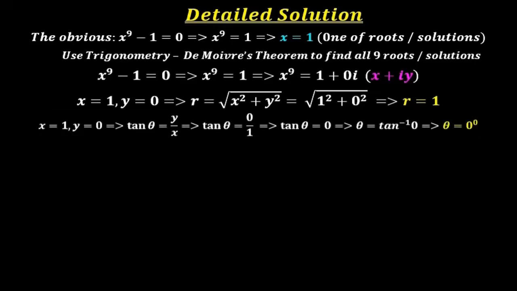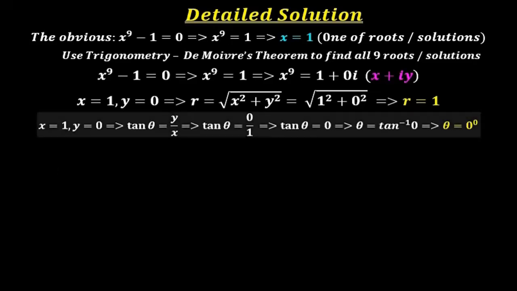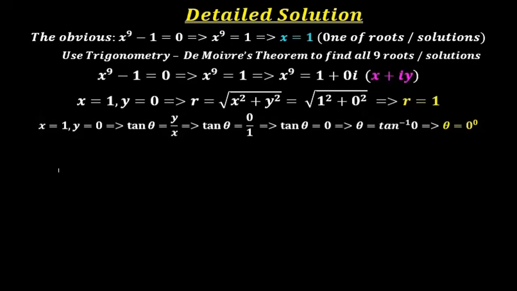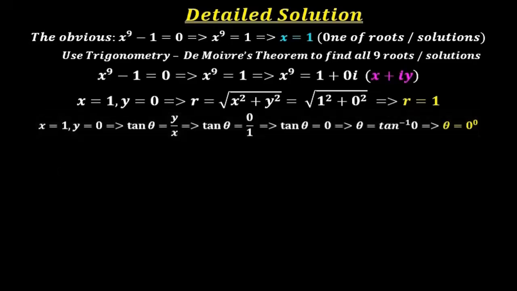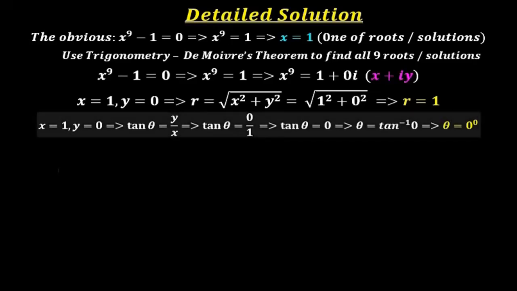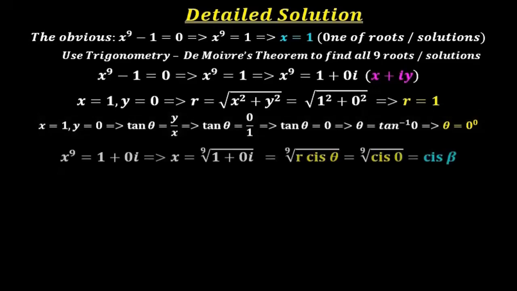Now the direction. For that, x equals 1, y equals 0. That means tan theta is y over x, tan theta is 0 over 1. That is tan theta is 0. That means theta is tan inverse of 0, which gives theta equals 0. So that means x to the 9 equals 1 plus 0i.